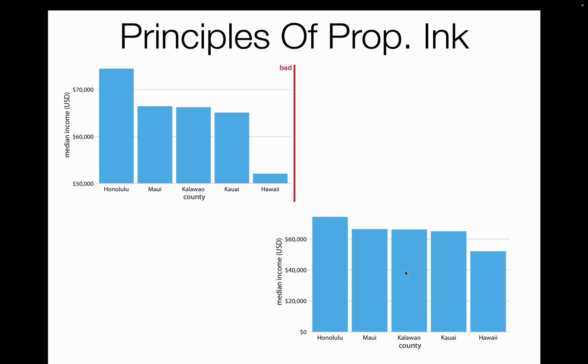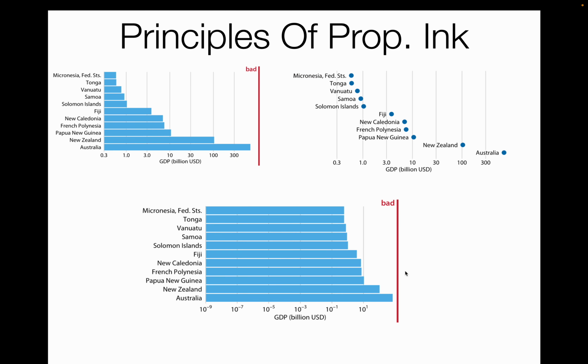You can fit maybe 10 Hawaii bars in the Honolulu bar, so it looks like Honolulu is blowing Hawaii out of the water. Fifty-some thousand to seventy-some thousand is a lot, but it's not showing the whole story. So start bar charts at 0 if you want to follow the principle of proportional ink.